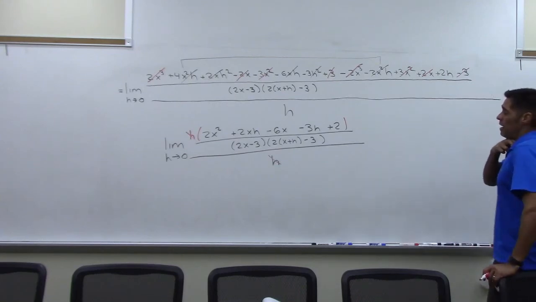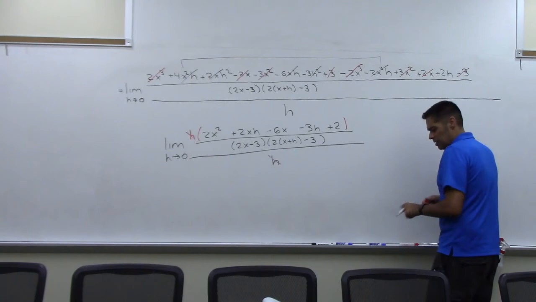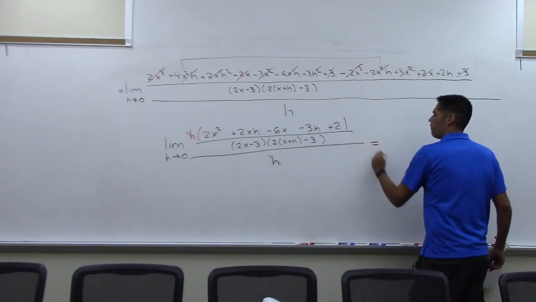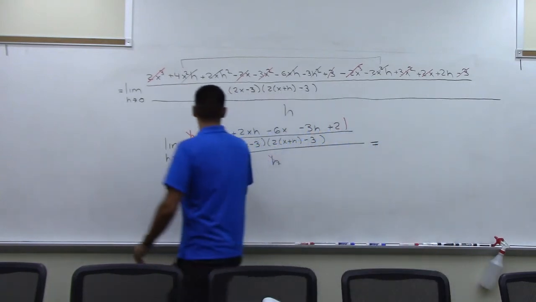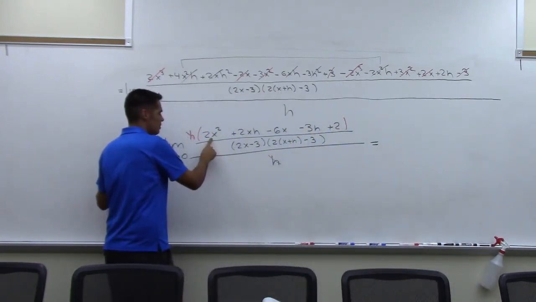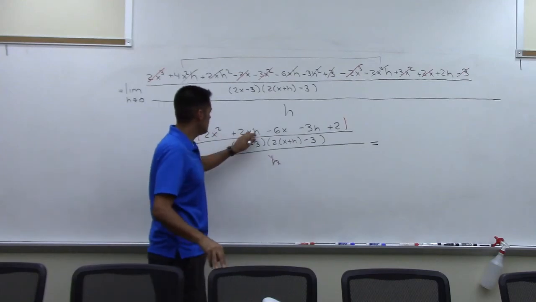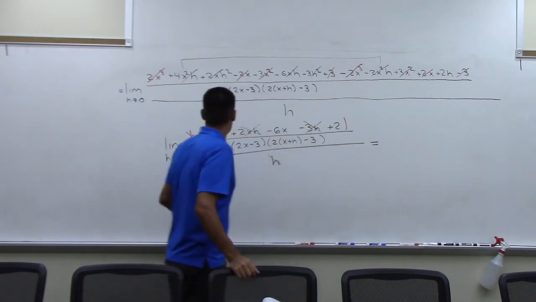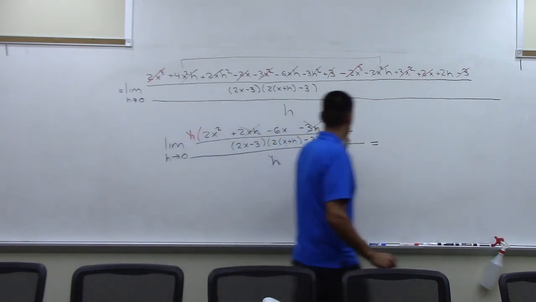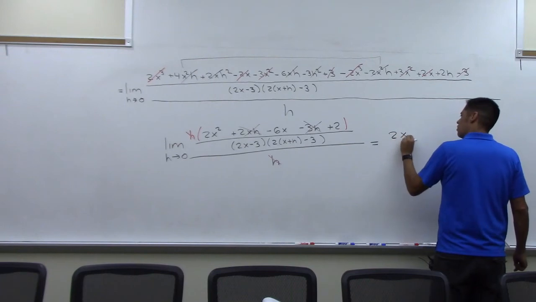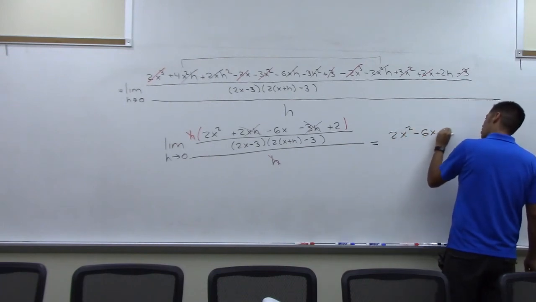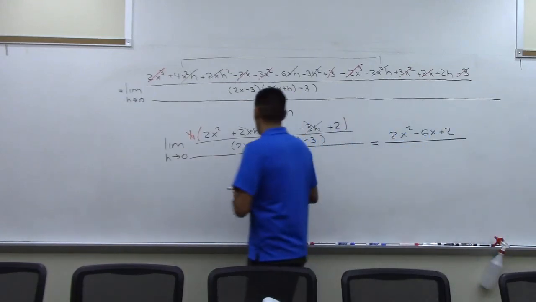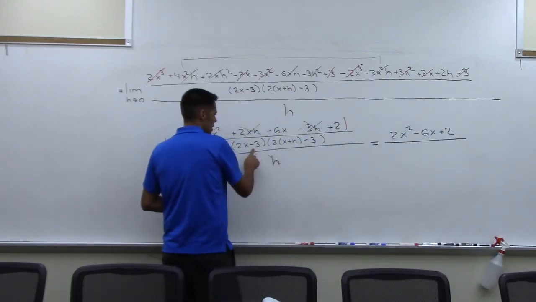And now at this point, I can let h go to 0. And let me see what happens. H goes to 0. This is 2x squared, there's no h here, so it just stays there. This goes away completely. This goes away completely. And so we're left with 2x squared minus 6x plus 2 over 2x minus 3, which doesn't change.